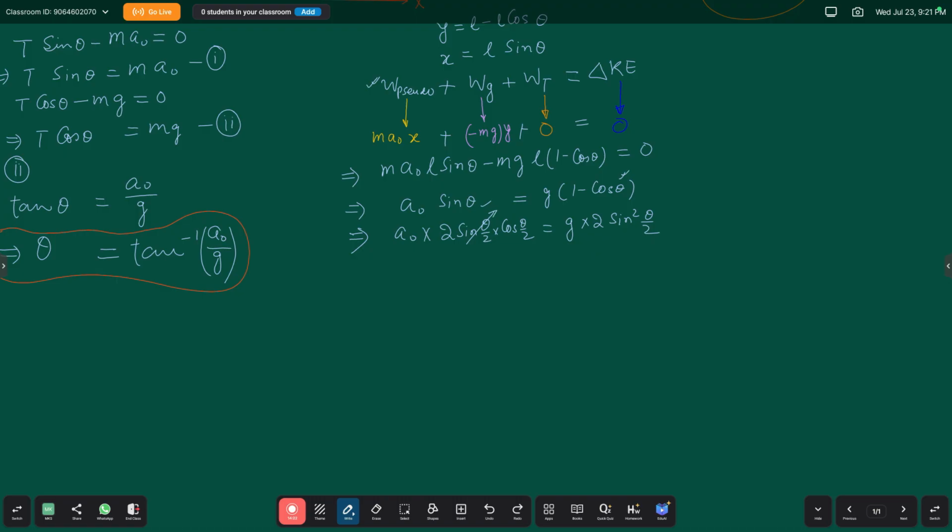One sine theta by 2 will cancel out, 2 will cancel out. So you will get tan theta by 2 is equal to a naught by g.